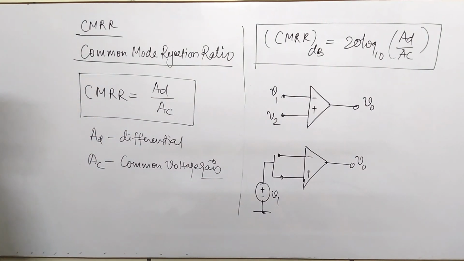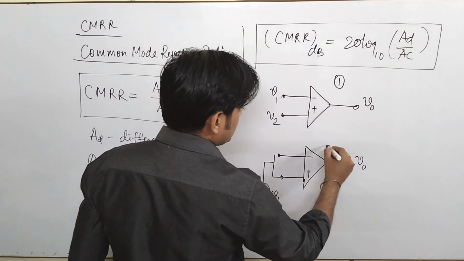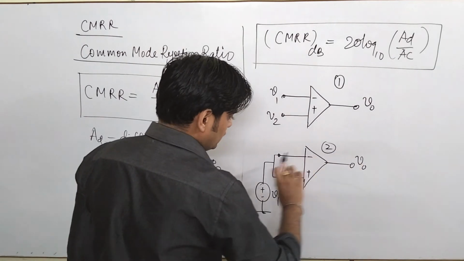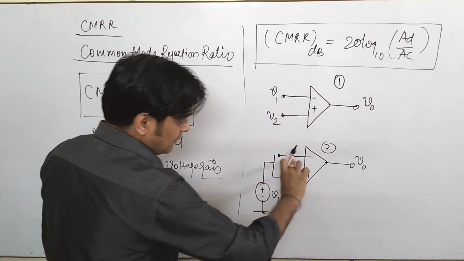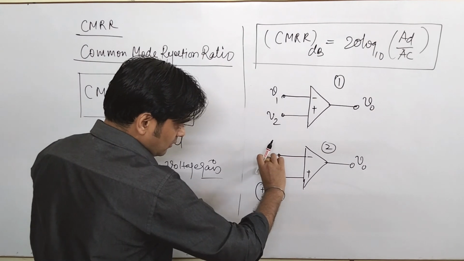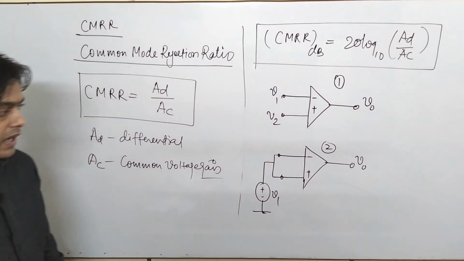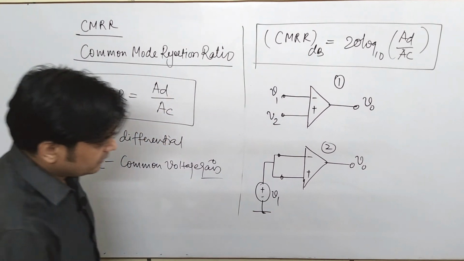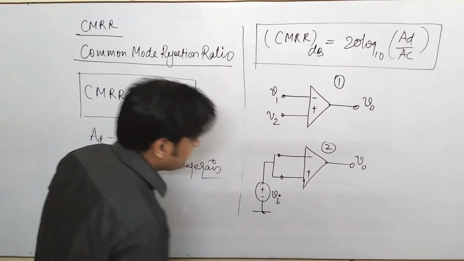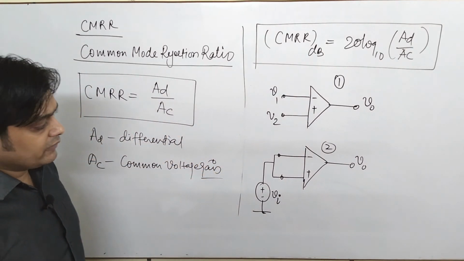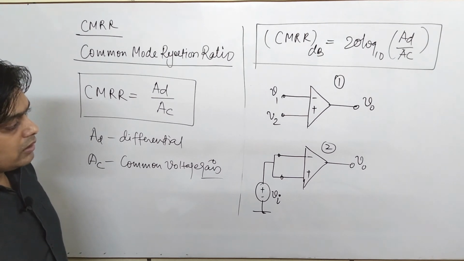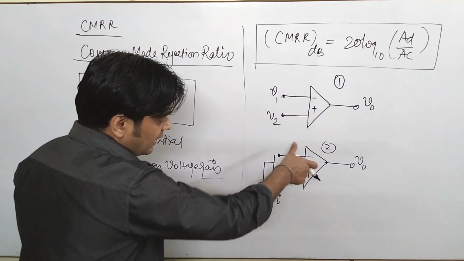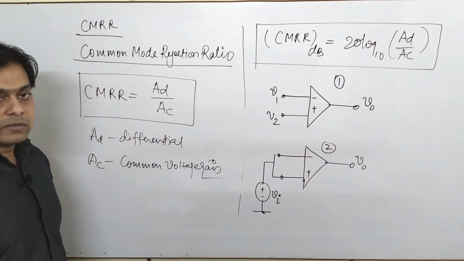Now please see, if this is our OPAMP, this is condition 1, this is condition 2. Here the output of the OPAMP is the difference of the voltages, but here the output of the OPAMP is because of this common voltage which is applied at these two terminals, known as Vi. The OPAMP has a specific property: it always tries to reject the common voltage applied at the two input terminals.